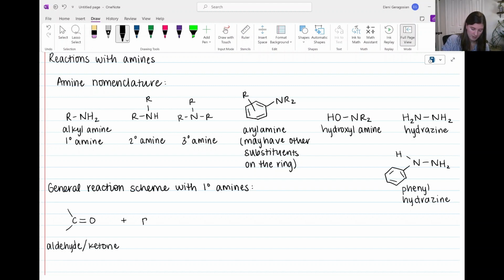We add an amine. So a primary amine has one R group that is a carbon and then bonded to two hydrogens. Typically heat is added, so that's represented with a delta.